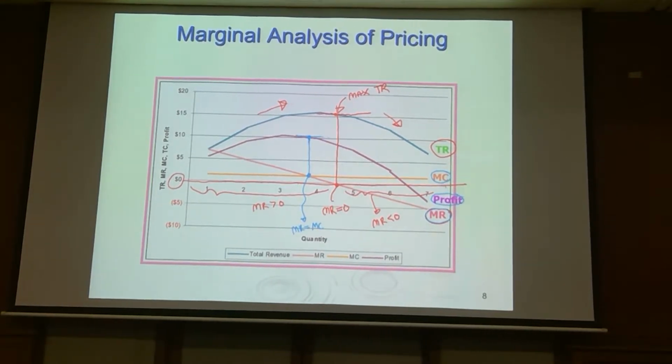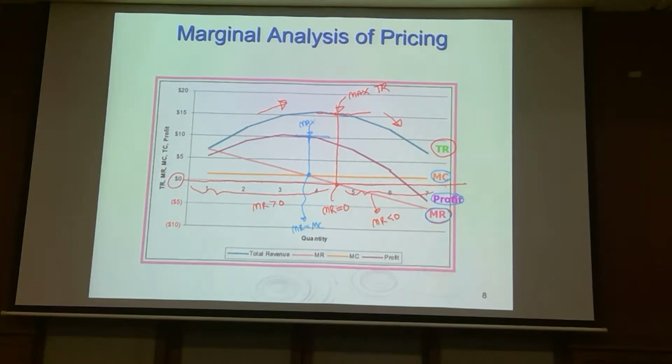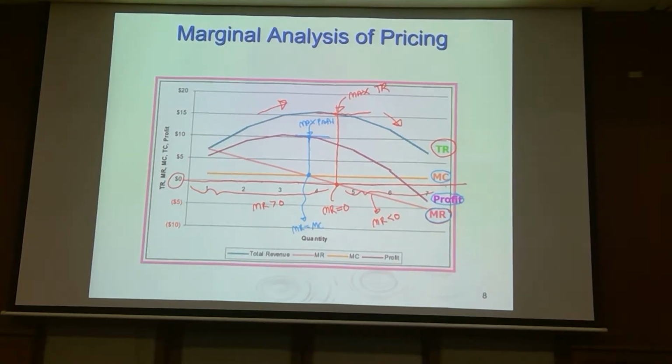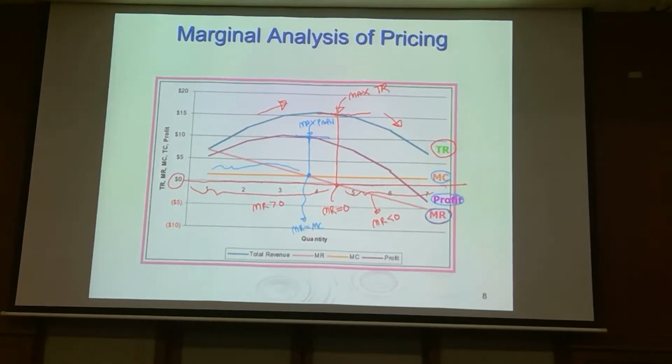That's where you should earn maximum profit, as a result of your pricing decision. But if we are on the left of the intersection, marginal revenue is still greater than marginal cost, so your profit is rising.